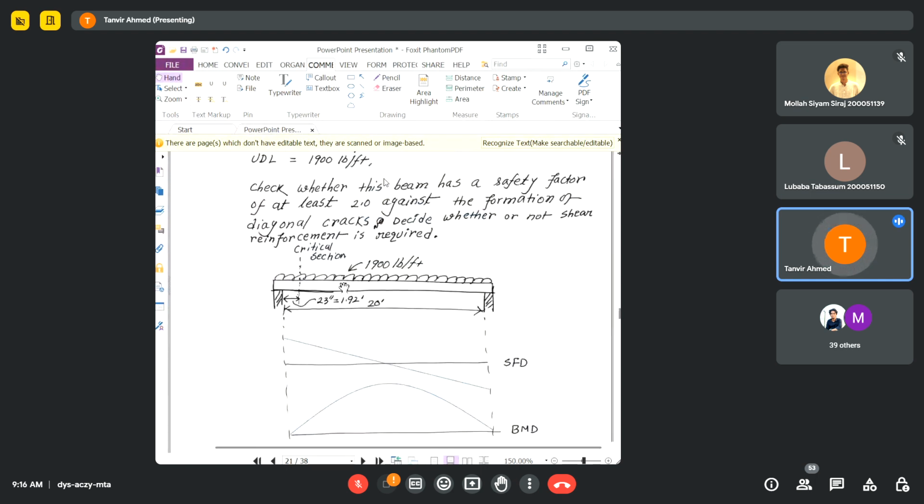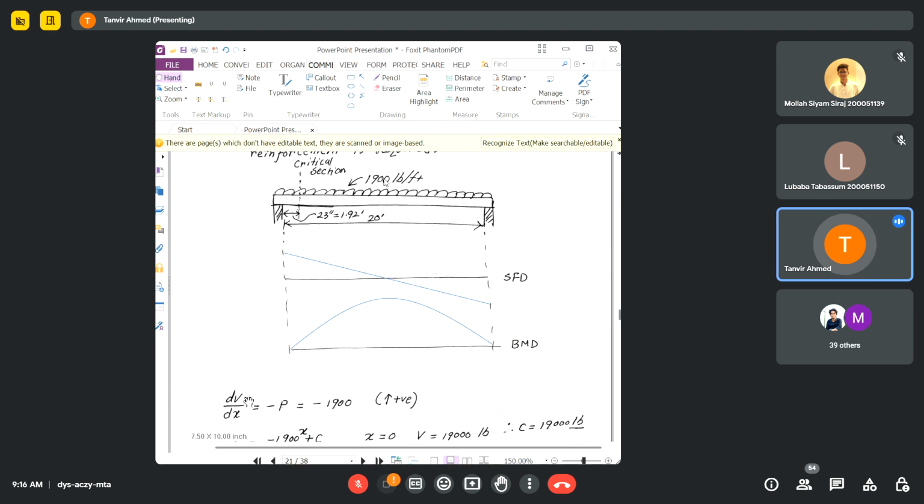The uniformly distributed load value on your beam is nothing but the first derivative of the shear force. This should be covered in analytical mechanics or solid mechanics, either of these two.